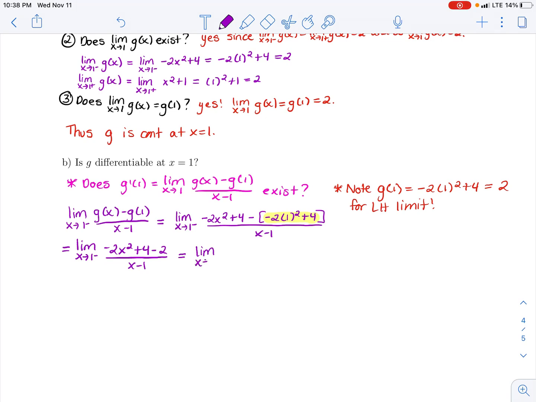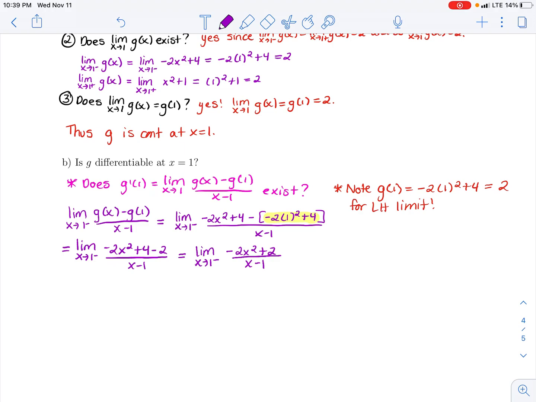This is equal to the limit as x approaches 1 from the left of negative 2x squared plus 2, since I added together the 4 and the minus 2, combining like terms in the numerator, over x minus 1.